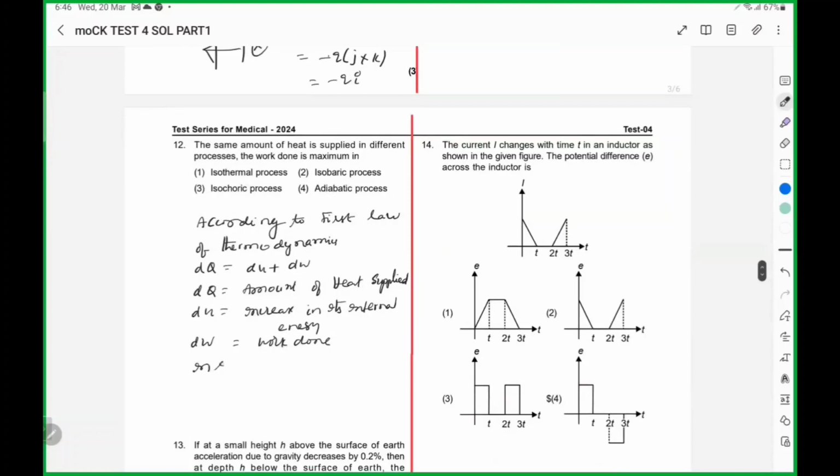So in isothermal process, temperature is constant. Change in internal energy is a function of temperature. No change in temperature, internal energy 0. That means dq will be 0 plus dw. Whatever heat is supplied, entire heat is utilized to do work. In all other processes, some amount of heat supplied is utilized to increase its internal energy, so work done becomes less. So here correct option is isothermal.